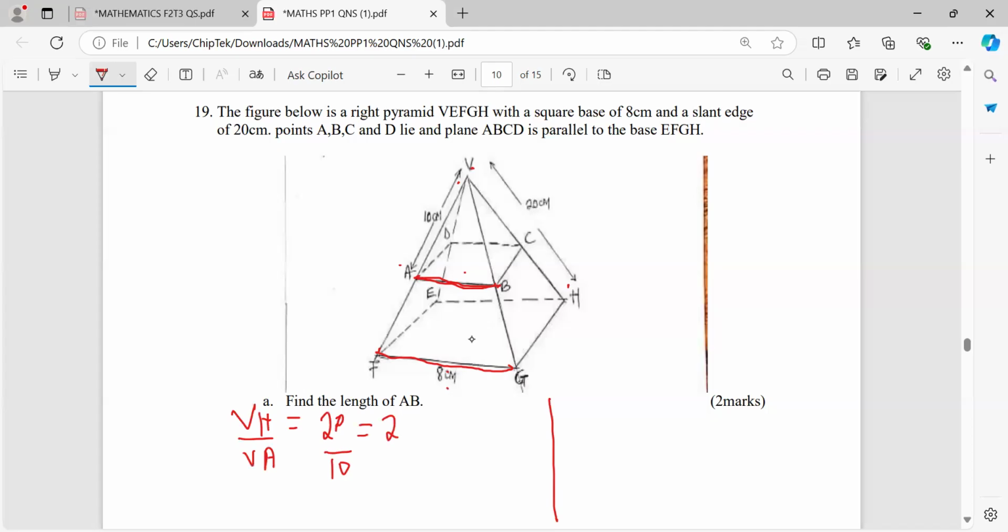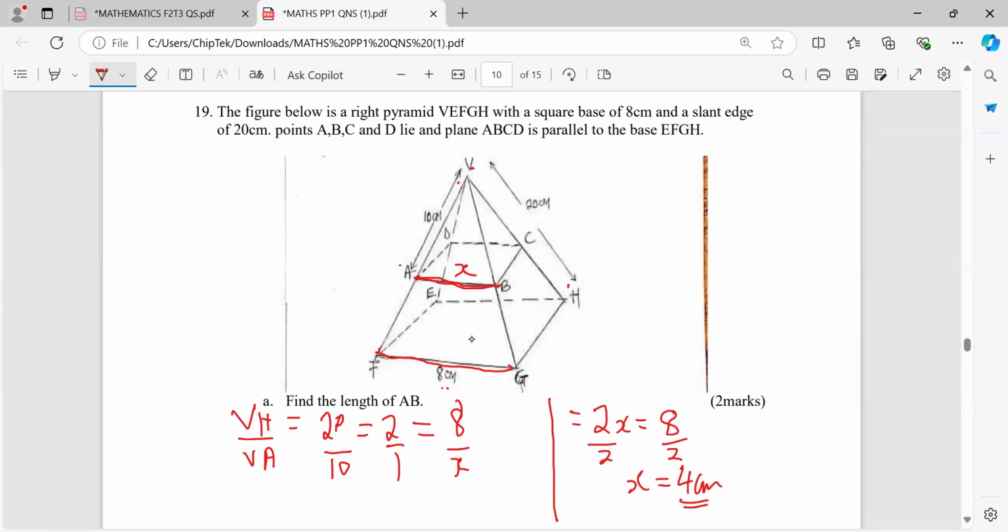And that 2, that's 2 over 1 equal to 8 divided by X. So we cross multiply, equal to 2 times X, which is X equal to 8 divided by 2. X equal to 4 centimeter.